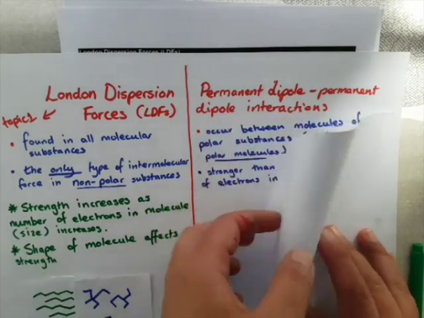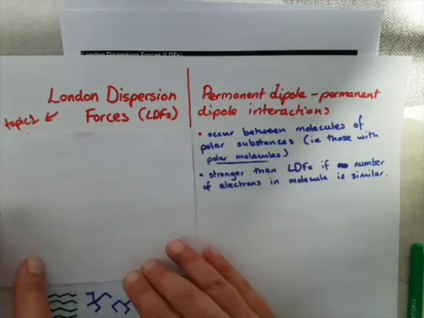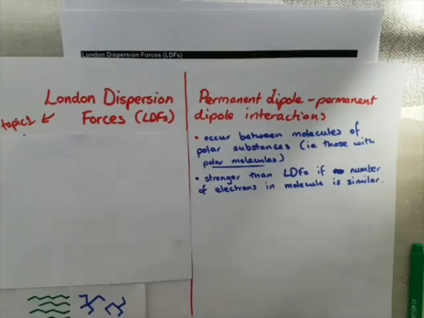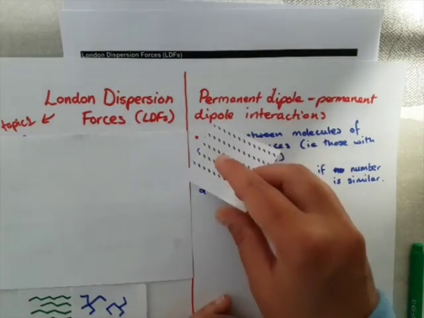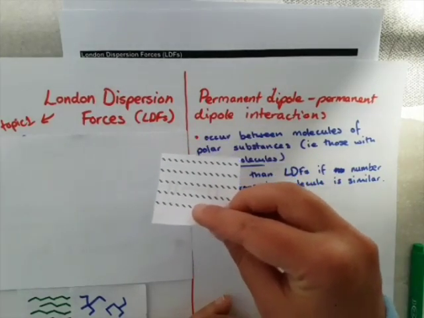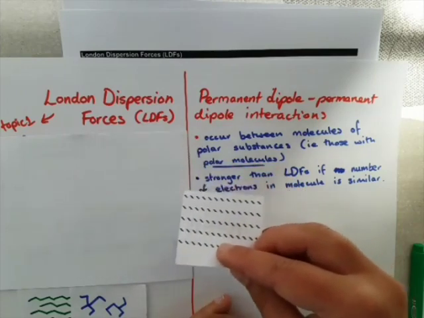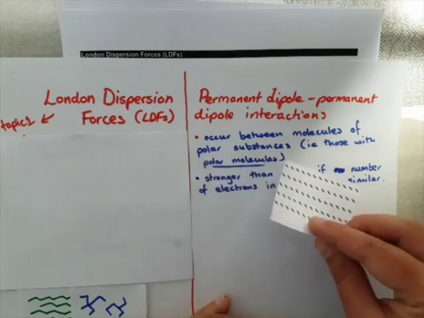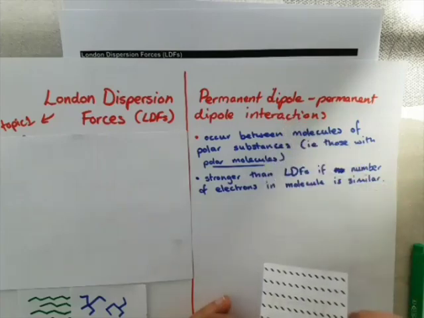Permanent dipole interactions then. So what we learned in the previous topic was all about polar molecules. So we were learning how to tell whether a molecule was going to be polar or non-polar. The reason this is so important is because molecules that are polar, as well as containing London dispersion forces, because remember all substances contain London dispersion forces between the molecules, also contain these things called permanent dipole interactions.